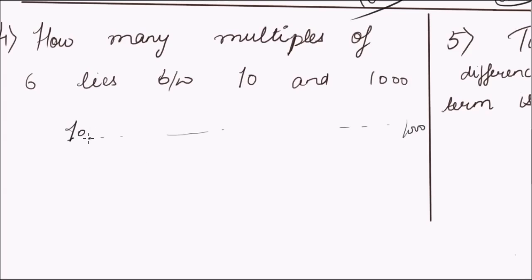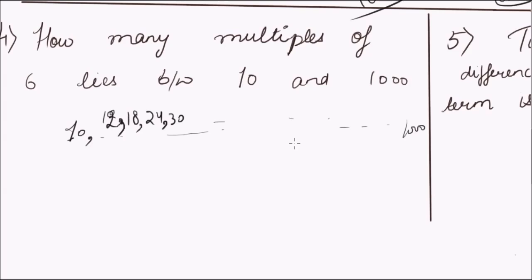Friends, the first multiple of 6 after 10 is nothing but 12. The second multiple 18, and then 24, then 30, and so on. But numerically counting up to 1000 is a very difficult task.